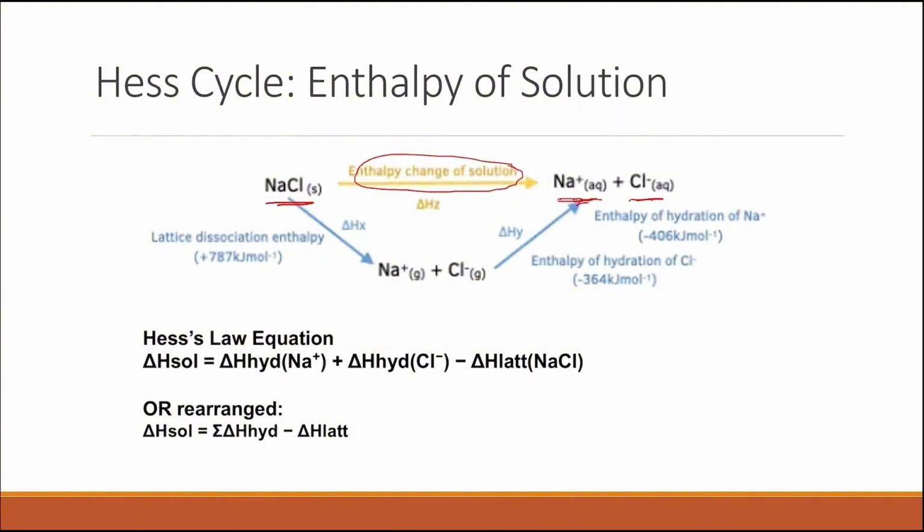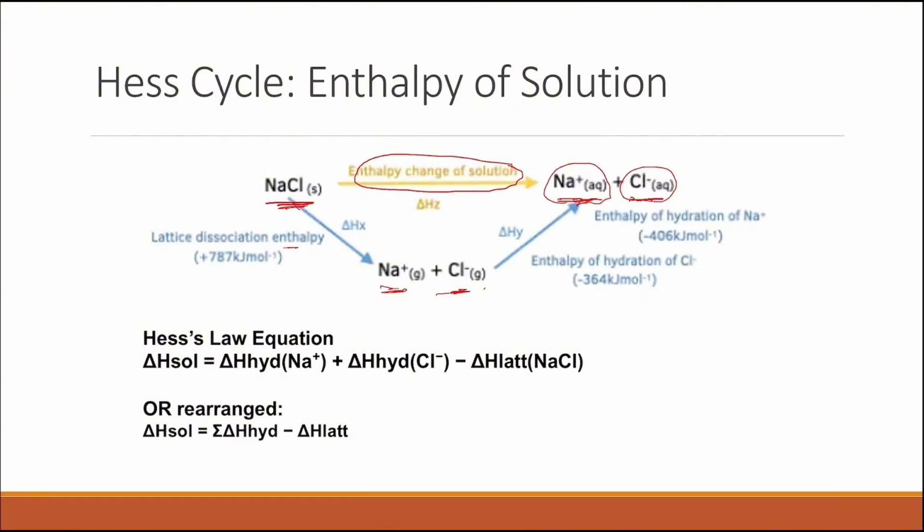You need to construct the Hess cycle using the lattice dissociation enthalpy, which is the formation of the gaseous ions from the solid, and then the enthalpy of hydration, which is the hydration of the gaseous ions to form the aqueous ions. As you can see from the direction of the arrows, these two in blue will be one route, and the one in yellow will be the opposite route.